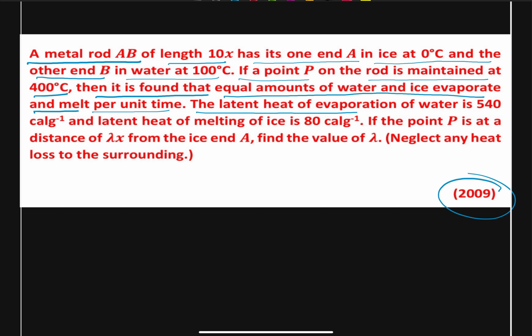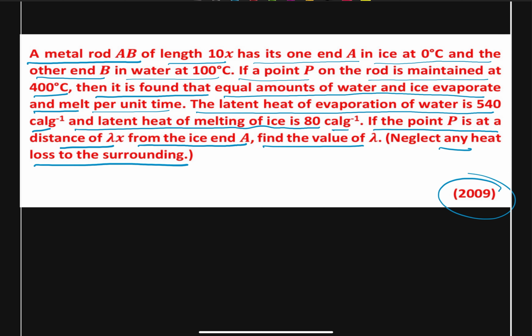The latent heat of evaporation of water is 540 calorie per gram, and latent heat of melting of ice is 80 calorie per gram. If the point P is at a distance of lambda x from the ice end A, find the lambda. Neglect any heat lost to the surroundings.